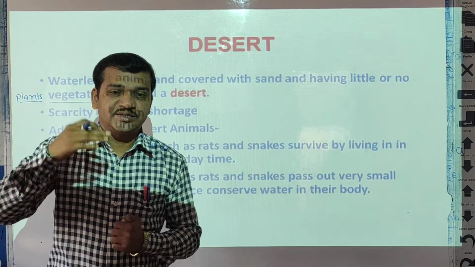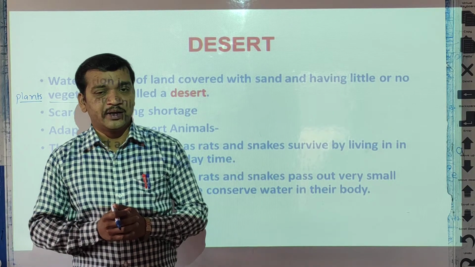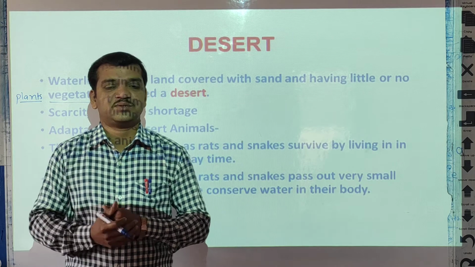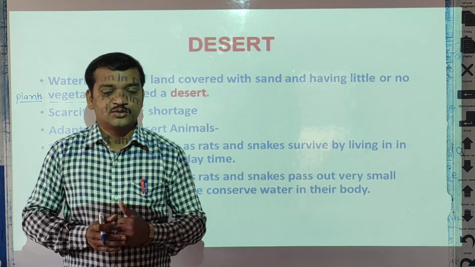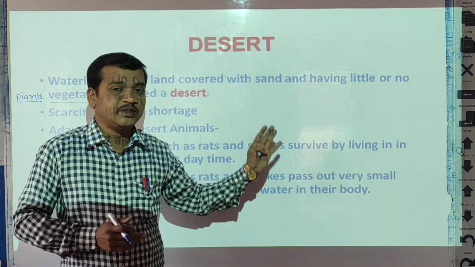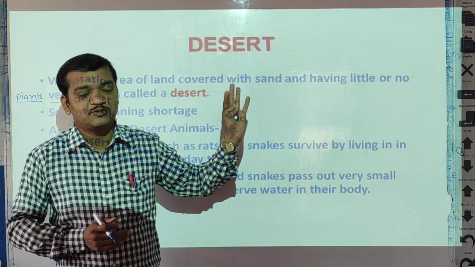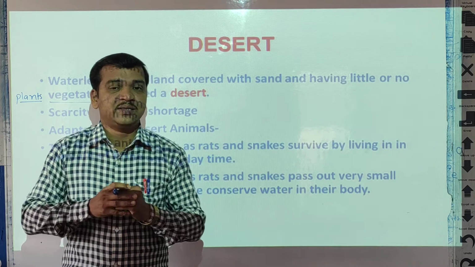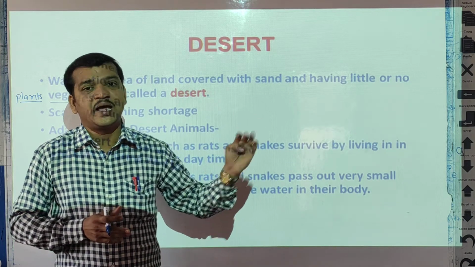So naturally these animals develop some special characteristics in their body to adjust with the surroundings. Today we are going to learn about these adaptations, or the special features of the animals which enable them to live in particular habitats.